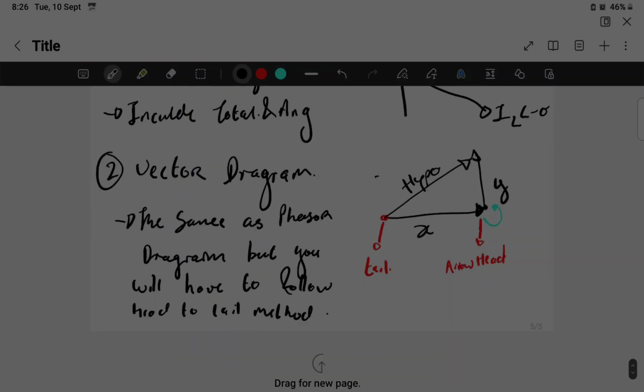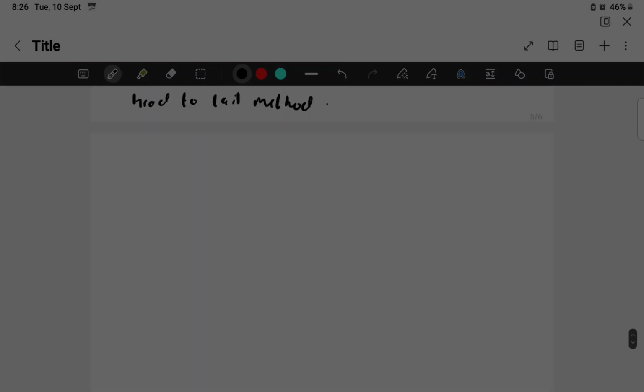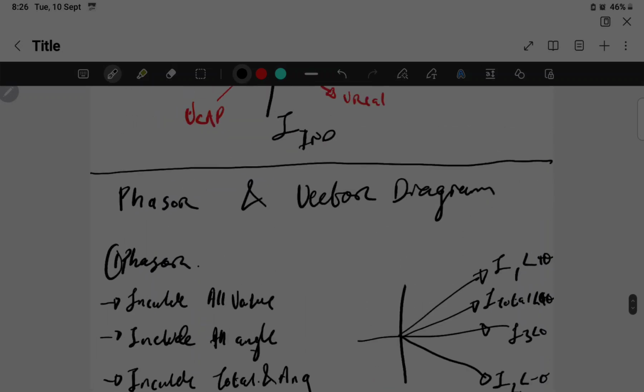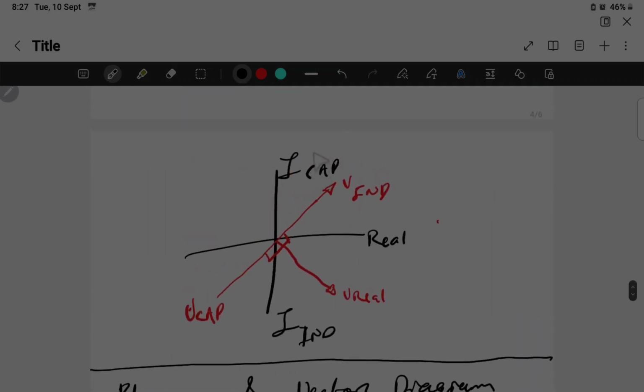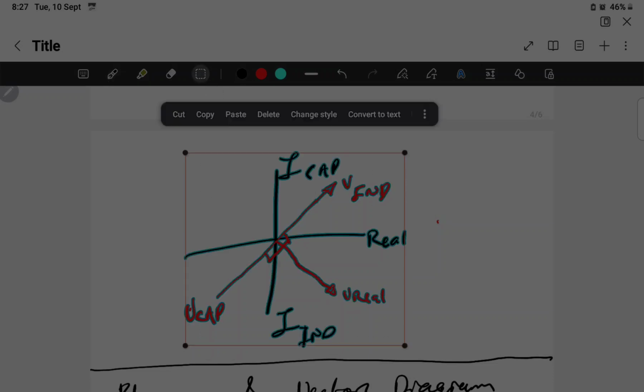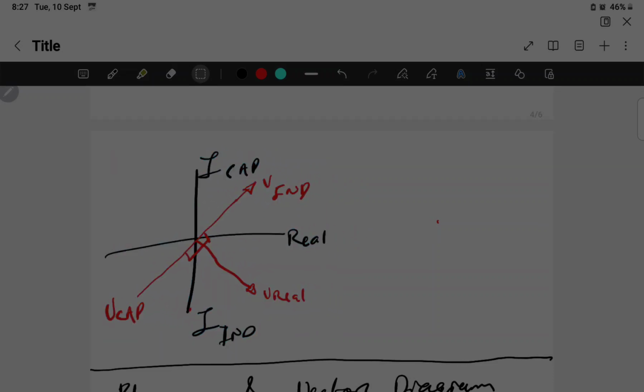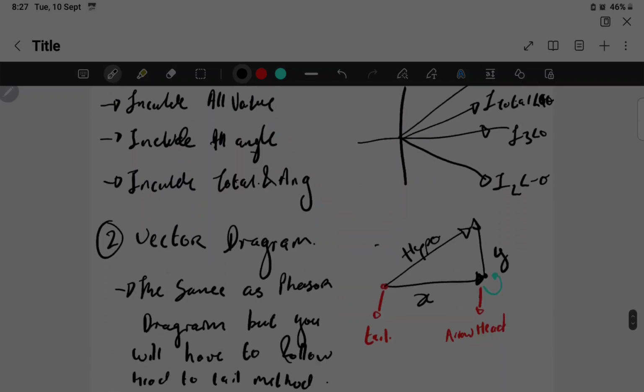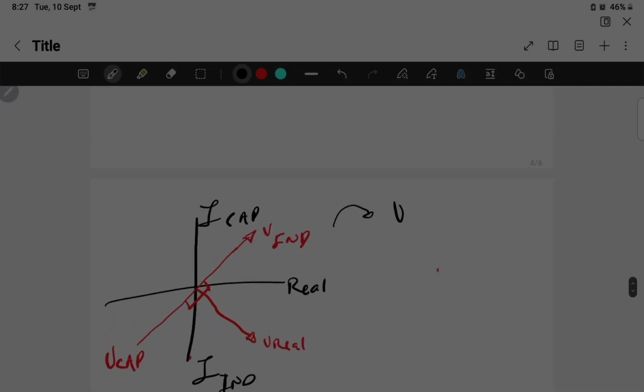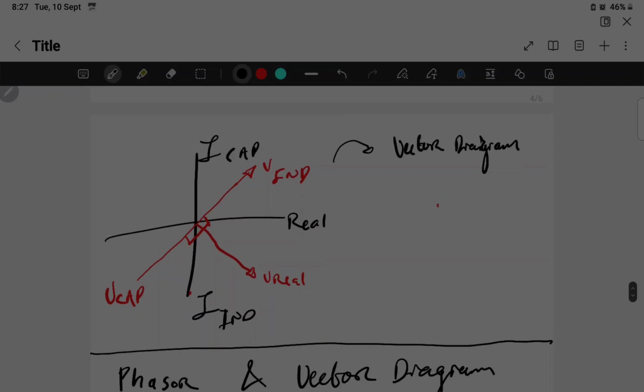What does that look like? For instance, if you are given, let's say, voltage. Remember I said that they're going to overlap this. Let me just move this up a little bit. Okay. So this is a phasor diagram. Now let's draw a vector diagram. A vector diagram is the same as a phasor, but we're going to follow the head to tail method.